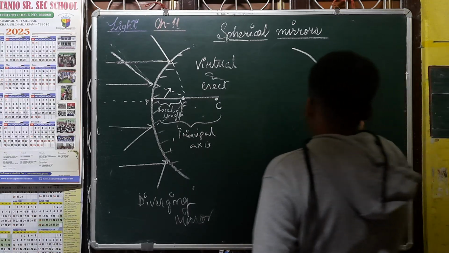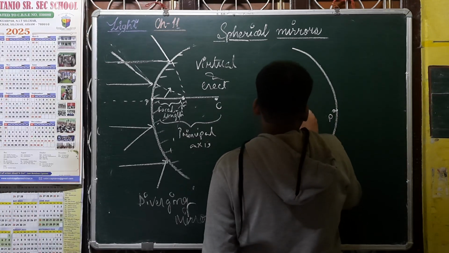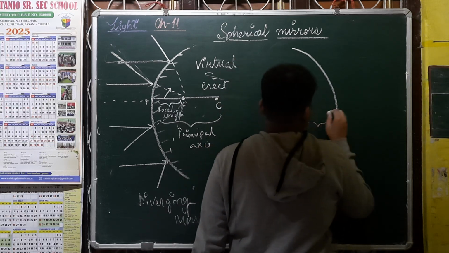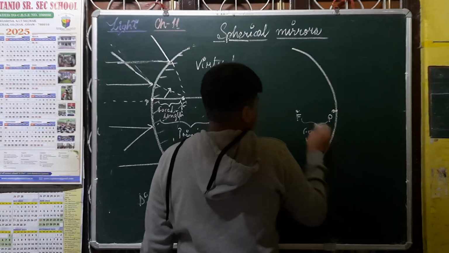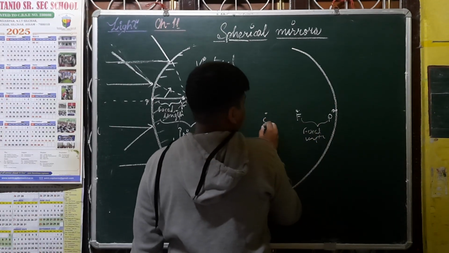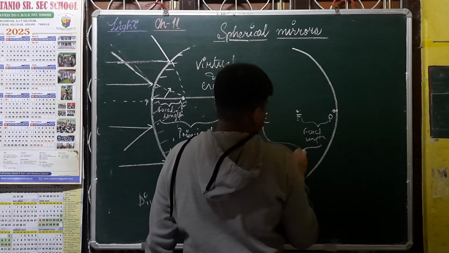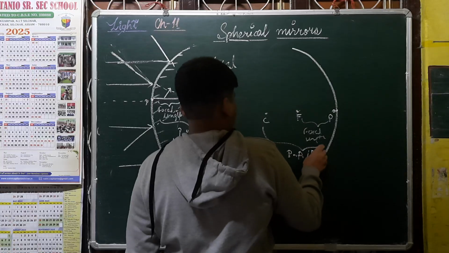So in a convex mirror, this will be the pole, this will be the focus, this will be the focal length, this will be the center of curvature, this will be the principal axis or radius of curvature.